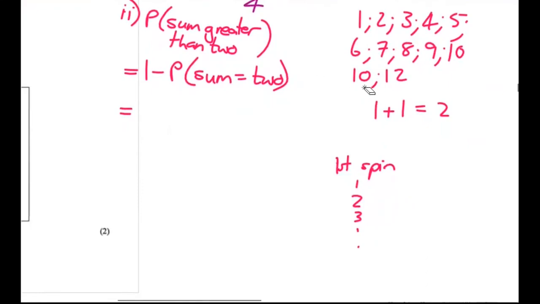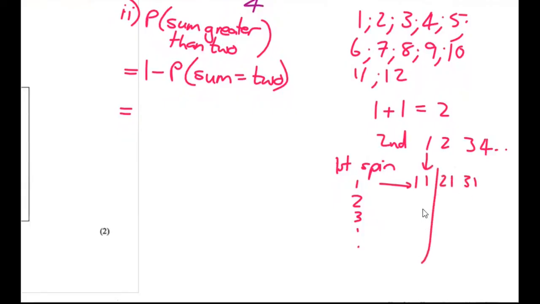Thank you to somebody who pointed out that I wrote 10 twice and left out 11 in my data set. So we've got 1, 2, 3, and then our second spin is going to be 1, 2, 3, 4. Basically if you look underneath that and across from that, that's if I get a 1 and a 1, a 2 and a 1, a 3 and a 1, etc. That's what my table's looking like, guys, but I'm not going to do the entire table, but that's the table that Monique is referring to.